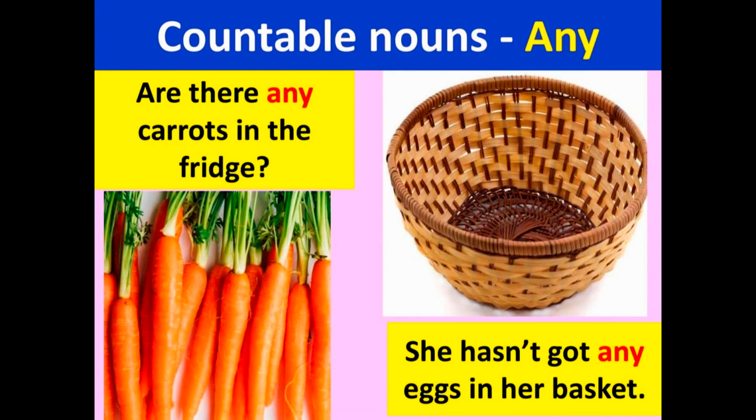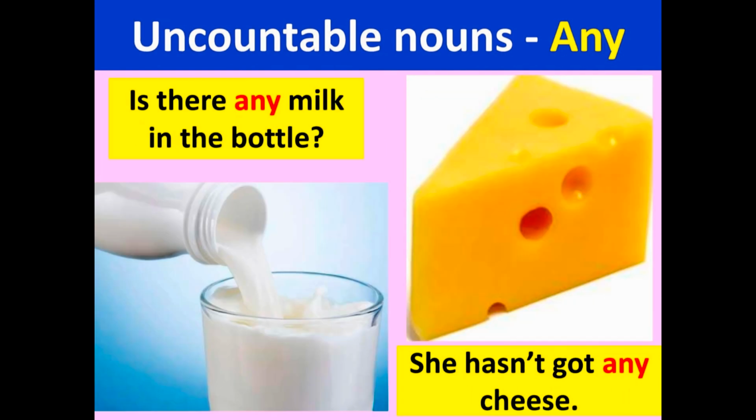Some more examples for countable nouns, any. Are there any carrots in the fridge? She hasn't got any eggs in her basket. Examples for uncountable nouns, any. Is there any milk in the bottle? She hasn't got any cheese.